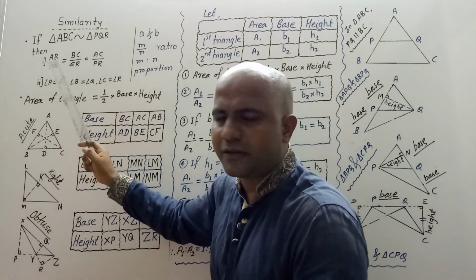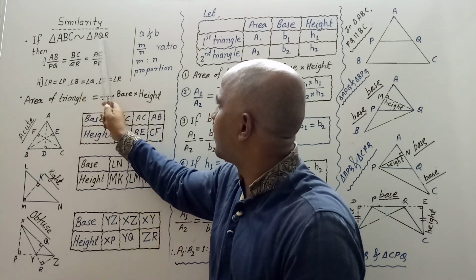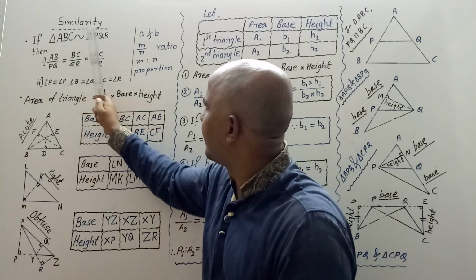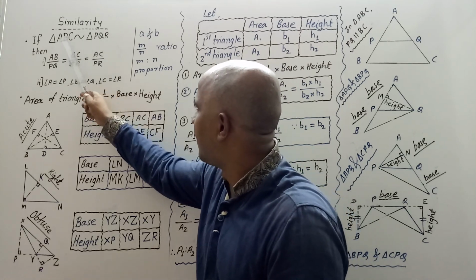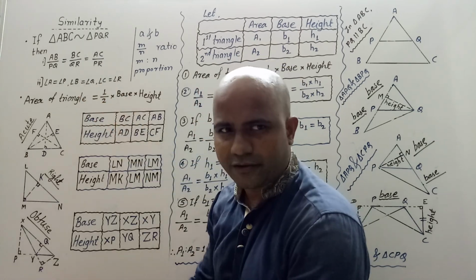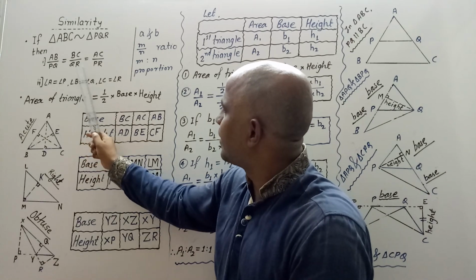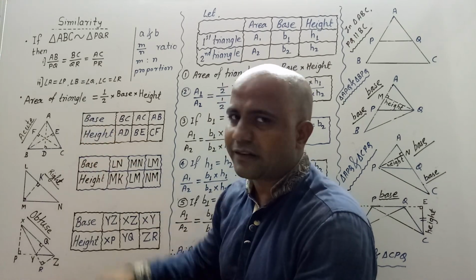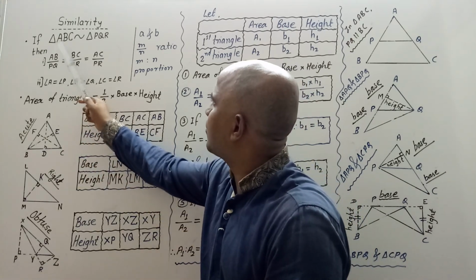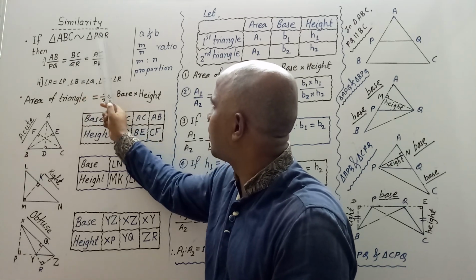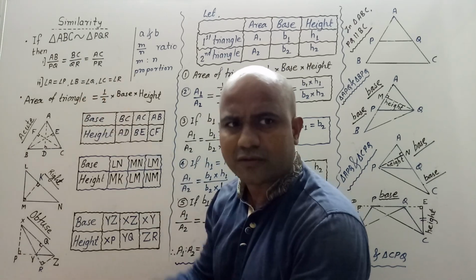Simply remember this: first second upon first second, second third upon second third, first third upon first third. And what is the other? Their corresponding angles are congruent. First angle congruent to first angle, second angle congruent to second angle, third angle congruent to third angle.